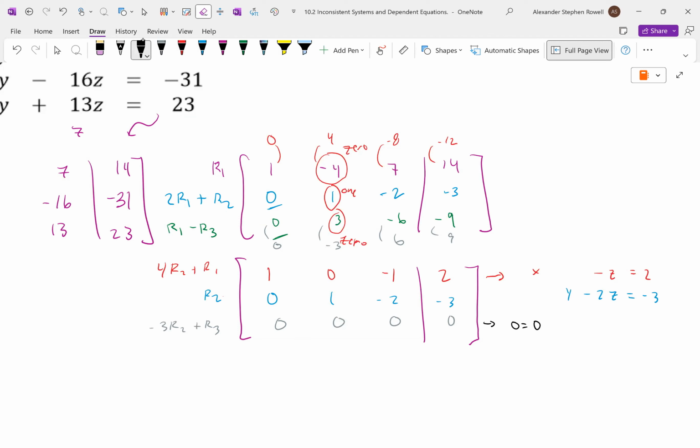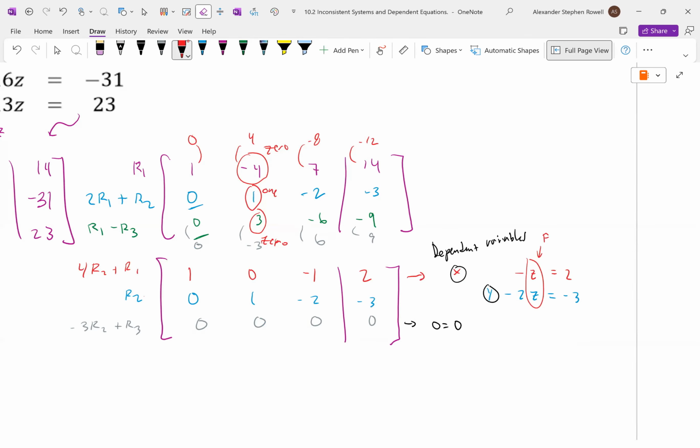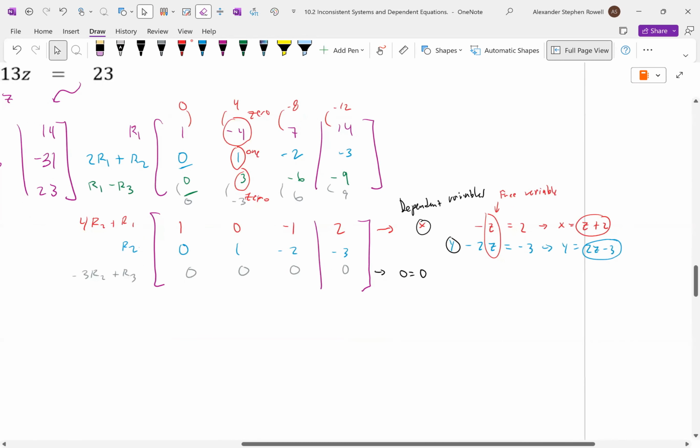So in this case, we say that x and y are the dependent variables, and they depend on z, which we call the free variable. So we'd like to solve for x. X is equal to z plus 2, and y is equal to 2z minus 3. So we have infinitely many solutions for a dependent system, and we want to write down what they are.